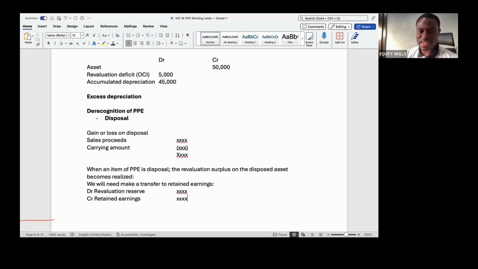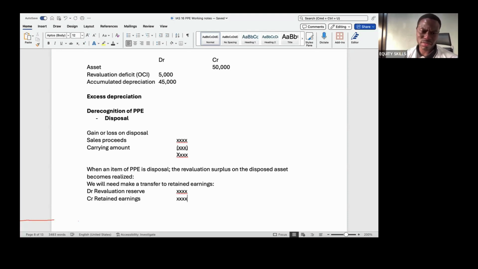But the reality is this: I am training you to be accountants. There's no way you are going to pass through my class without knowing double entry. Every transaction I mention in this class, I will tell you the double entry. Whether you choose to know it or not now depends on you, because it might not make you fail. As an accountant, you need to be an expert in double entry.